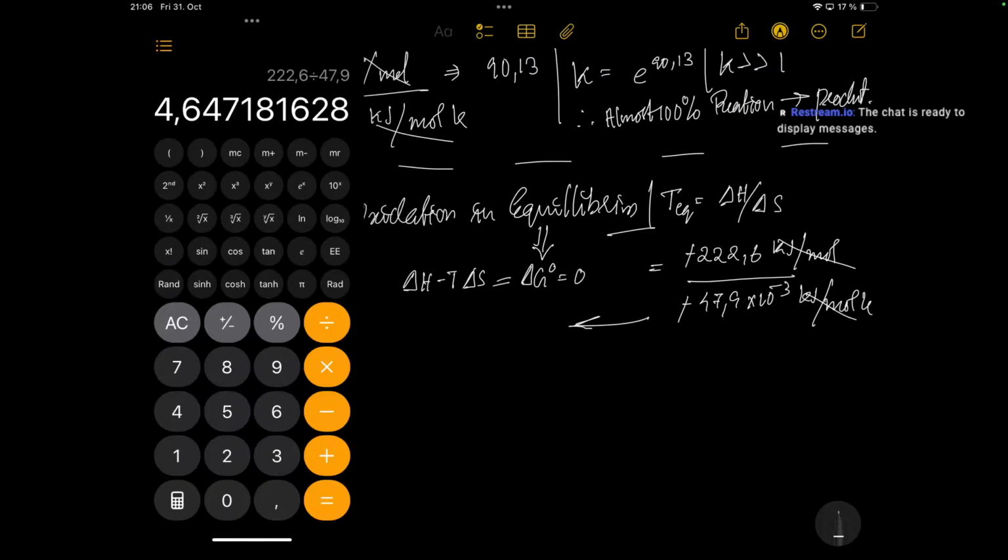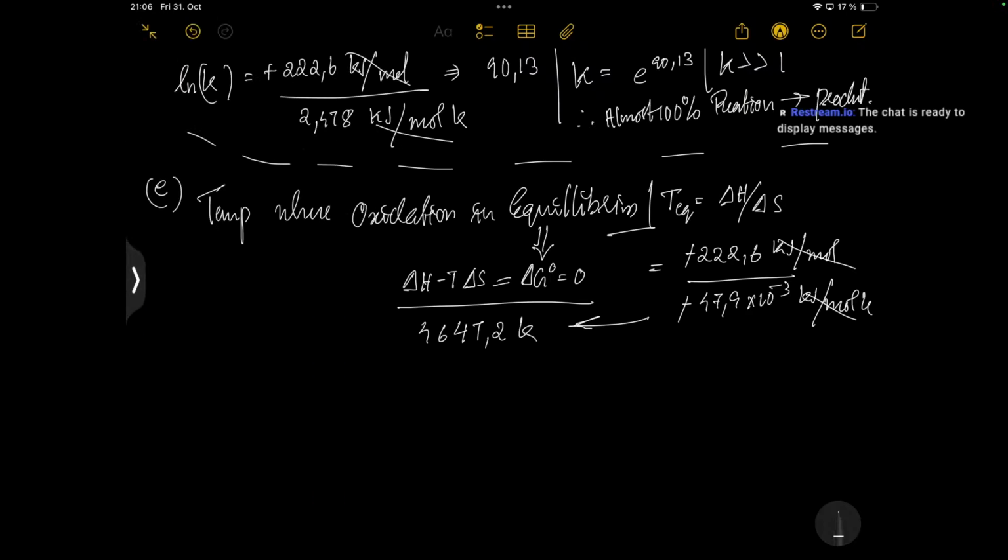Okay. 4,647.2 Kelvin. That is too high. Too high temperature.